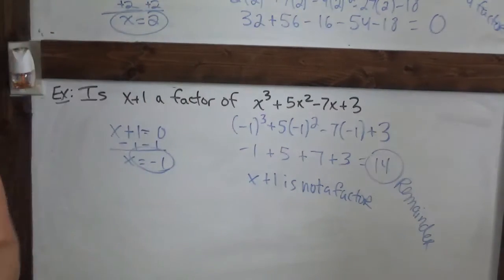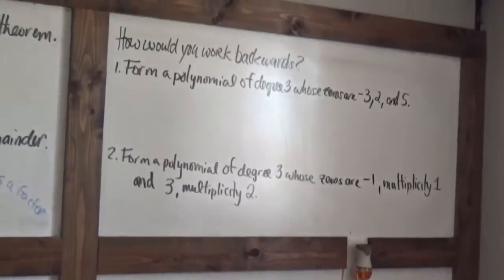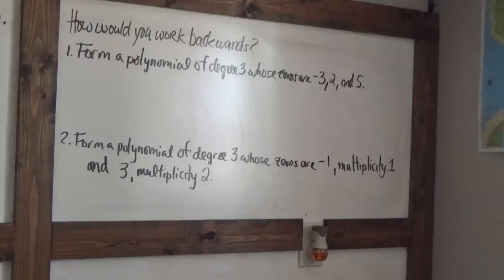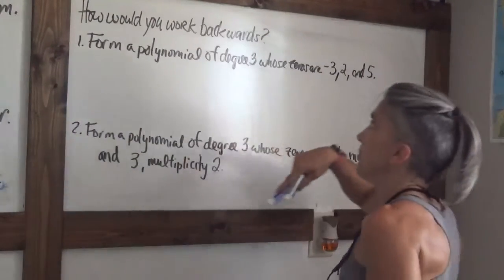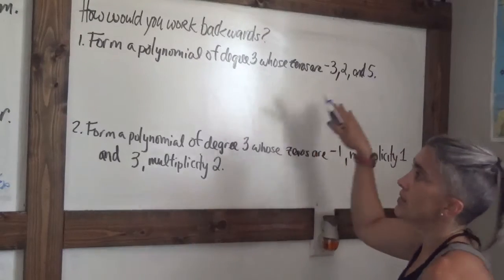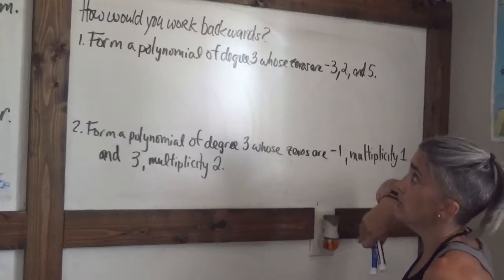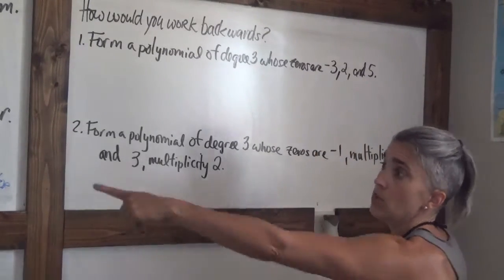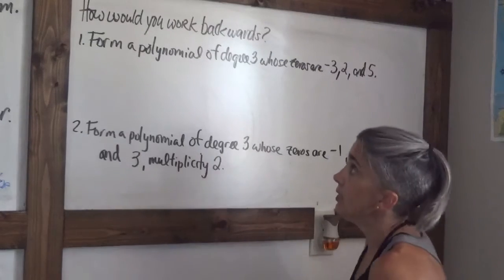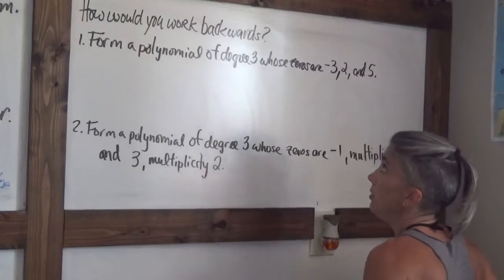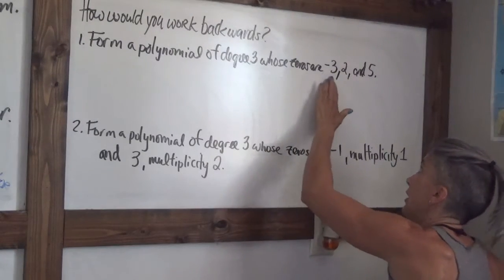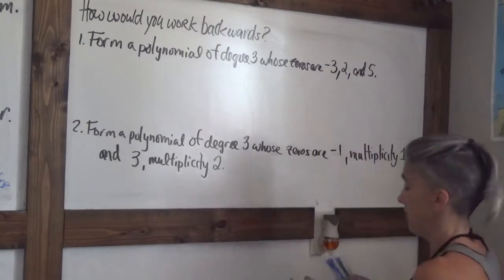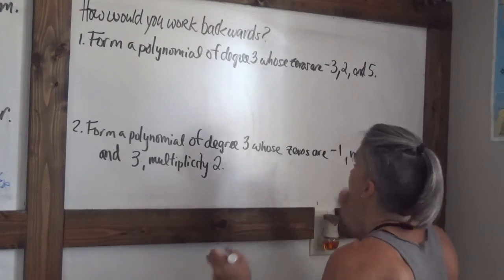Alright, last thing here is, what if I asked you to work backwards? Let's say I am telling you what the zeros are, what the x-intercepts are, and you have to work backwards to give me the original polynomial. So you're going to form a polynomial of degree 3 whose zeros are negative 3, 2, and 5.